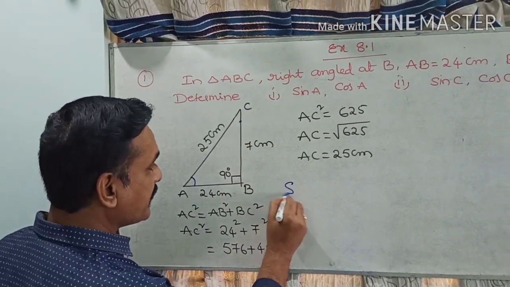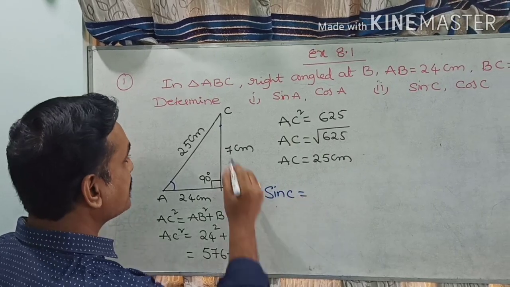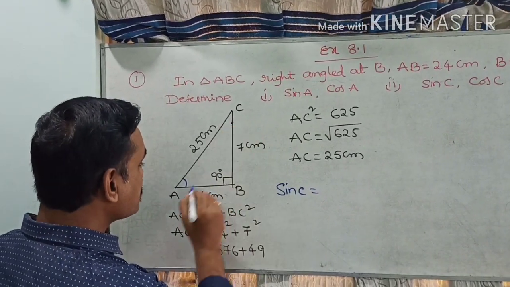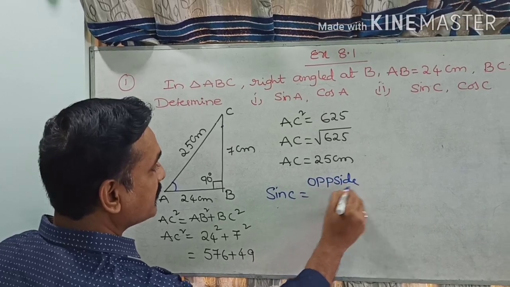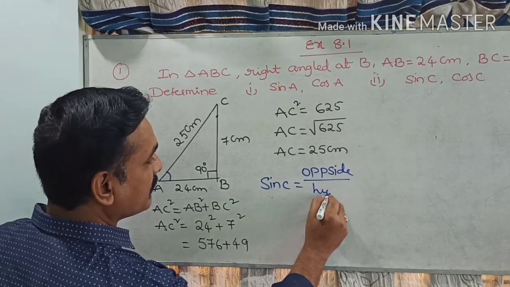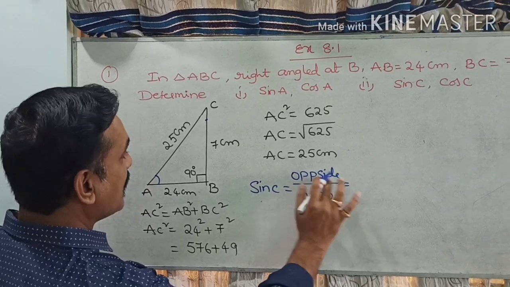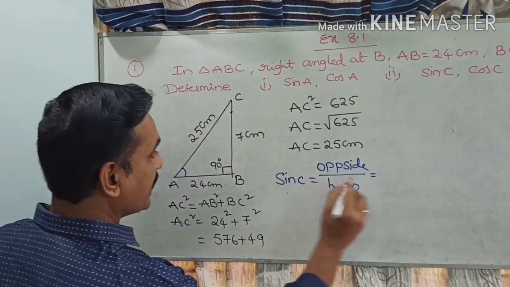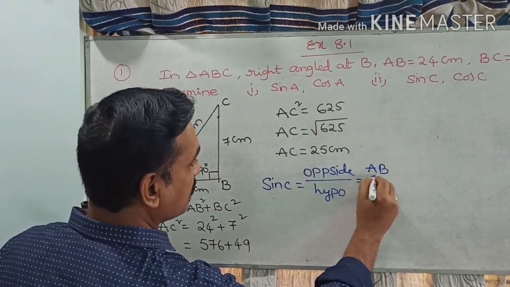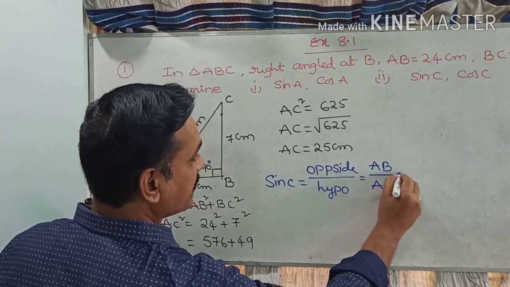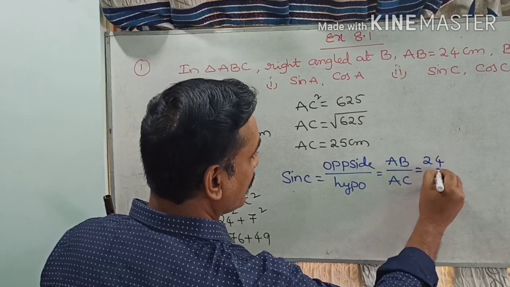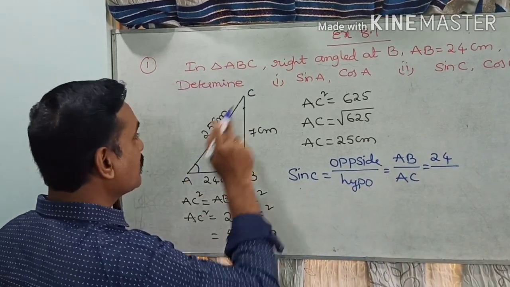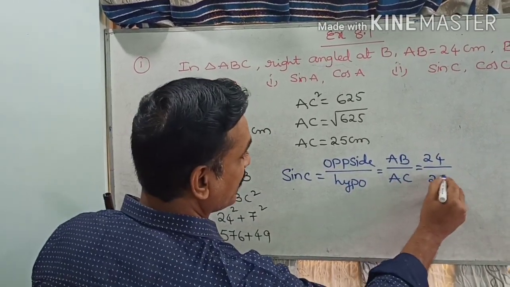So sin C equals opposite side by hypotenuse, which is AB by AC. The value of AB is 24 and the value of AC is 25.